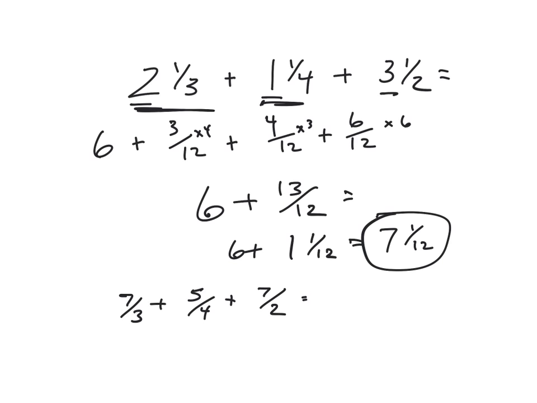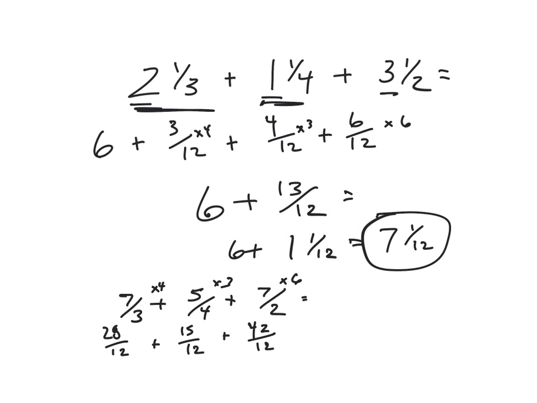So again, they would want to change these to 12s. Times that by 4, times 3, times 6. 7 times 4 is 28. 5 times 3 is 15.